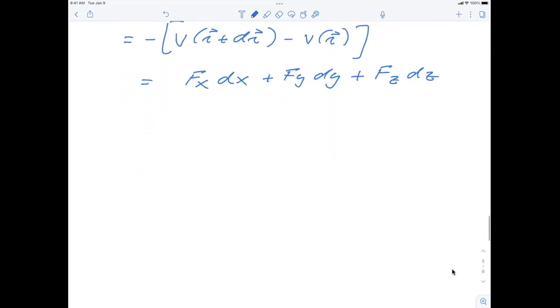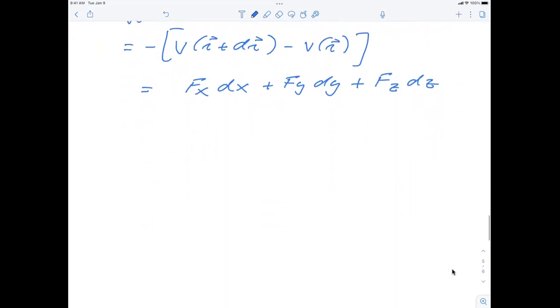Then the next thing I'm going to do now is to manipulate the expression for the potential energy. Again, what I'm going to look at is the expression which you have here. So let's take that expression and rewrite it. I have a potential energy of r plus dr minus V of r.